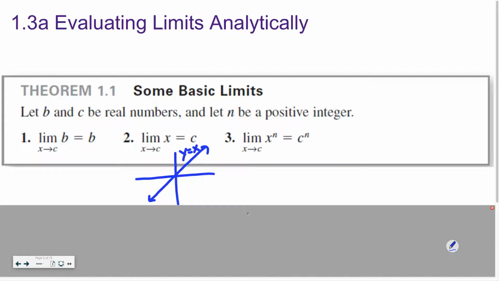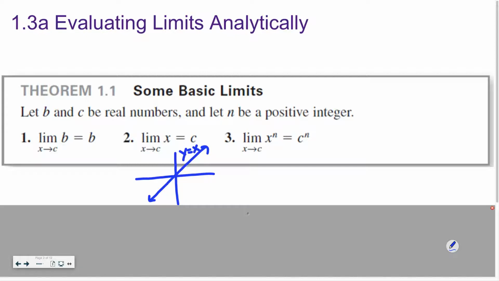So if I ask you for any limit on this line, it's going to be that value. The limit as x approaches 2 is 2. The limit as x approaches 3, bless you, is 3. The limit as x approaches negative 15 is negative 15. That's all that's saying.